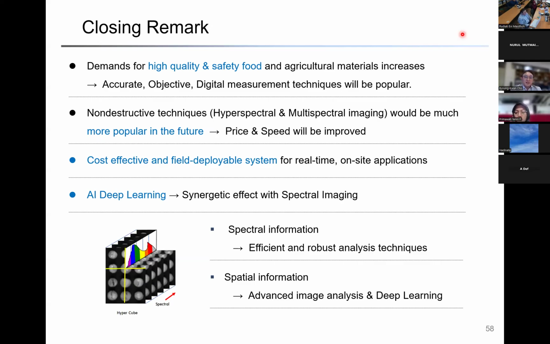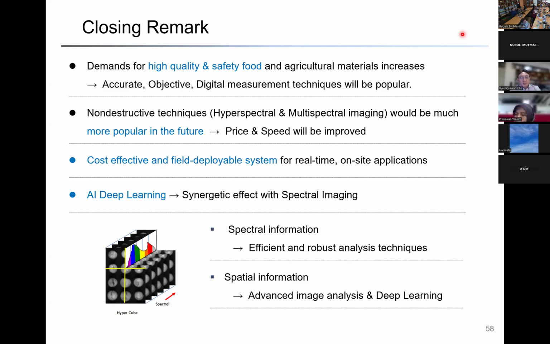In my case, for drone hyperspectral imaging measurement, we use three types of reflectance panels: 30, 60, and 90. This way, we calibrate our system. It doesn't matter what the temperature is. Whenever you measure, you need to calibrate the system.